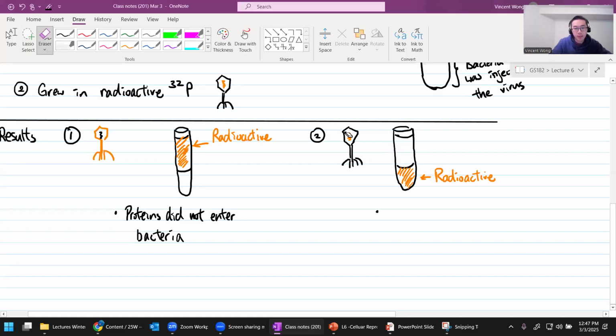Well, remember, the DNA is radioactive, so it shows that the DNA went into bacteria. Okay, entered into bacteria. So collectively, if you take these results and put them together, what does it mean?